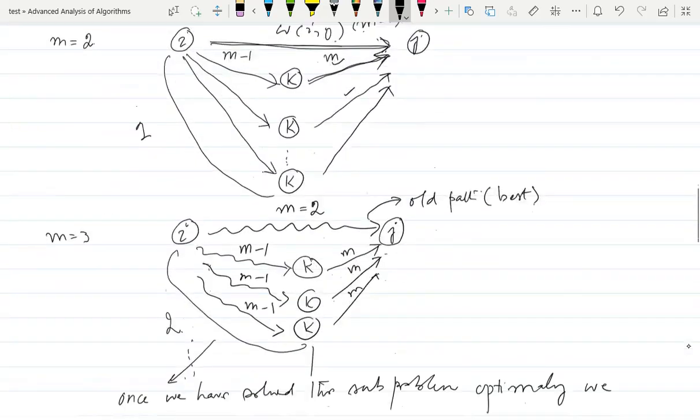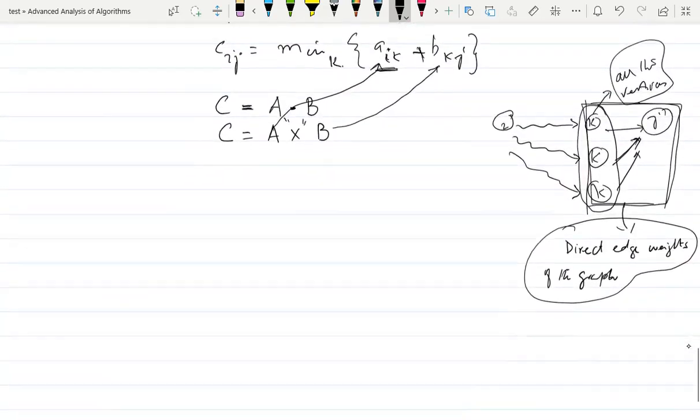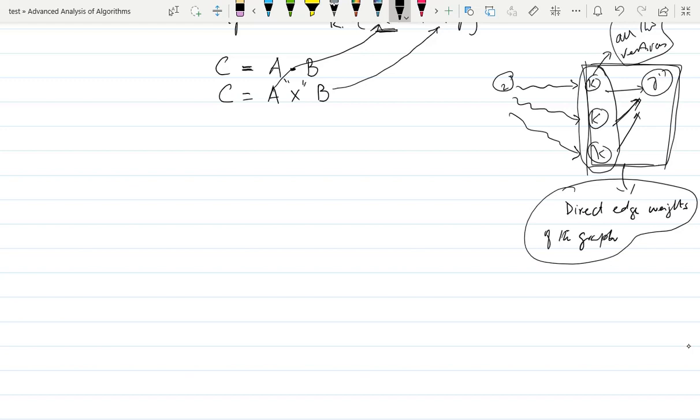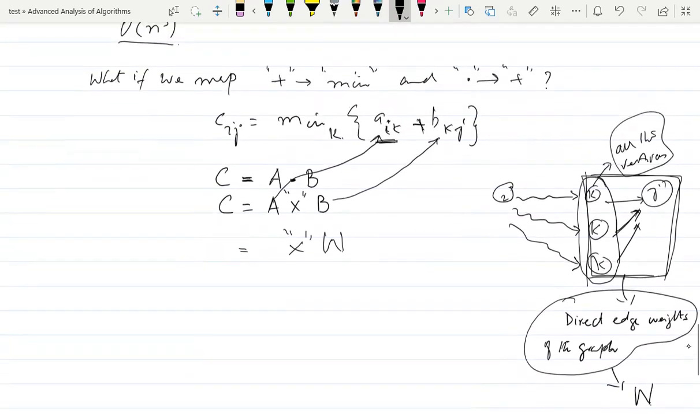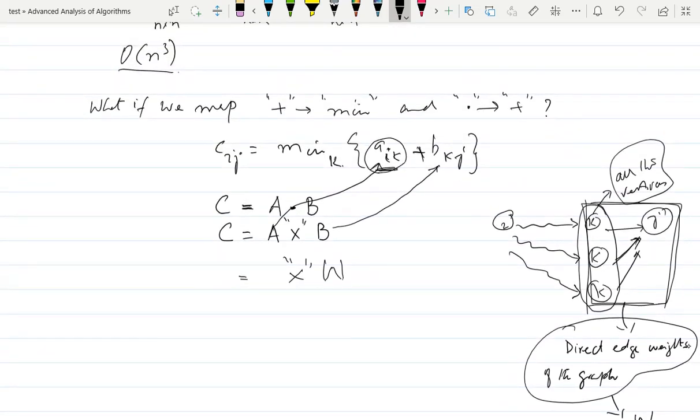So if this is the capital W, then we are talking about this funny multiplication with W, where A is the already found path from i to k, represented by d of m minus 1, and C is your new improved path if we have found some improvement.